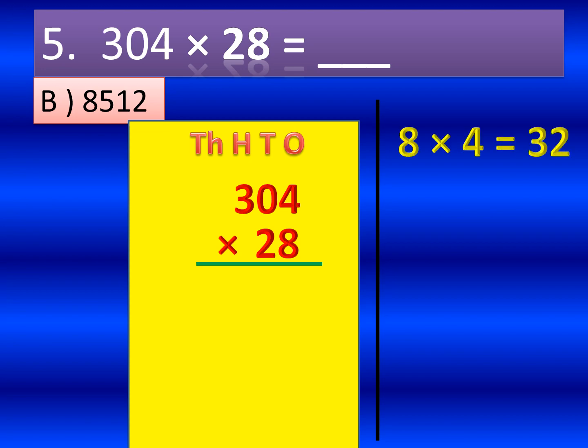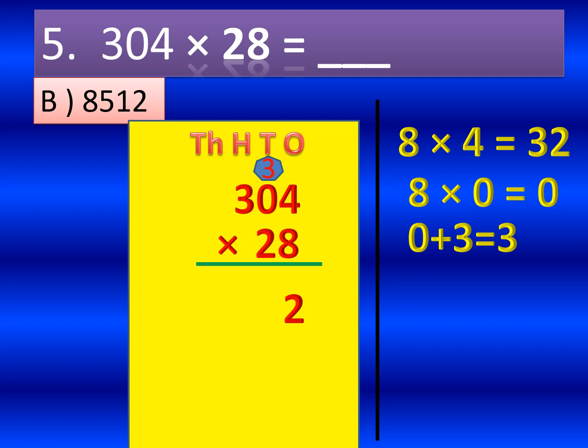In 32, 2 is to be written in ones place and the remaining 3 is to be written as a carryover in tens place. Now 8 zeros are 0. So 0 is to be added with the previous carryover. 0 plus 3 is equal to 3. This 3 is to be written in tens place.